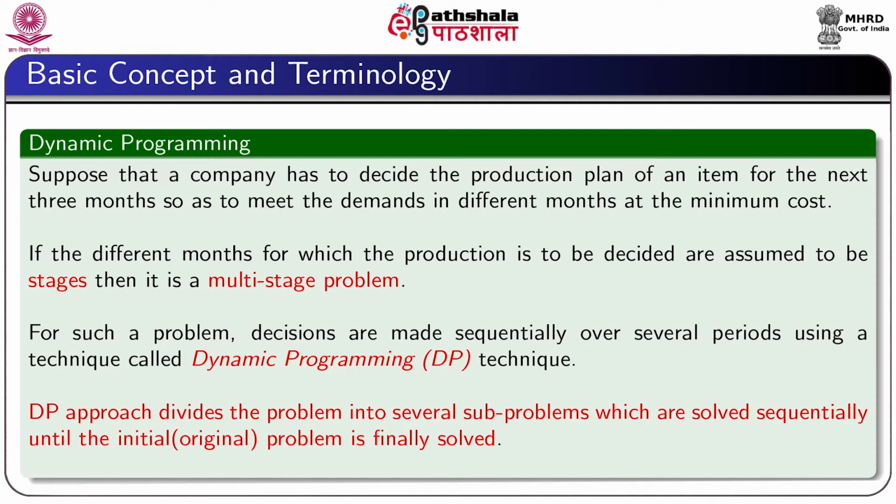Dynamic programming approach divides the problem into several subproblems which are solved sequentially until the original or initial problem is solved. The characteristic of dynamic programming model is expressing the decision problem by means of a recursive formulation.